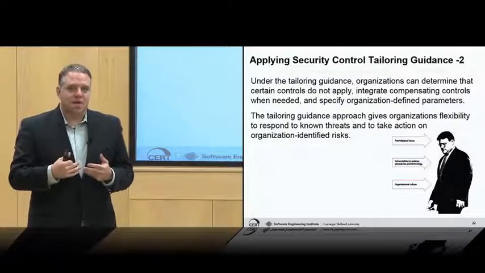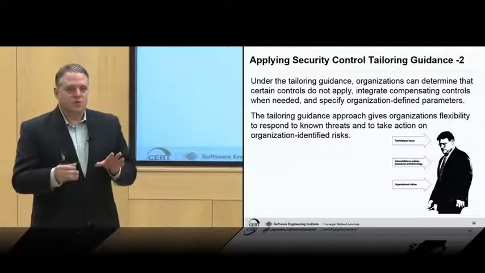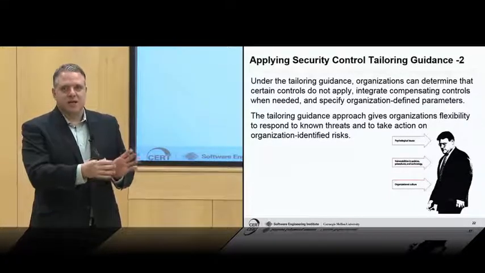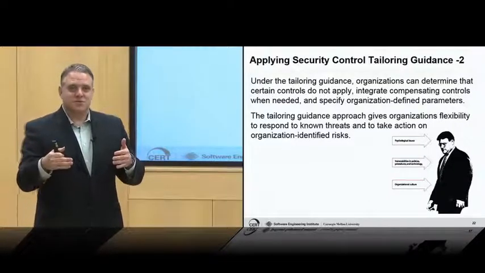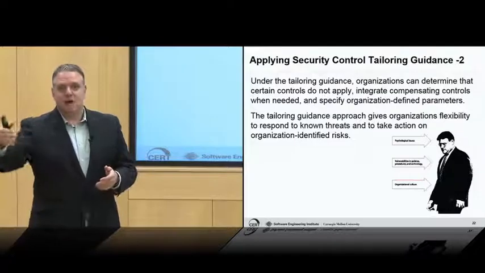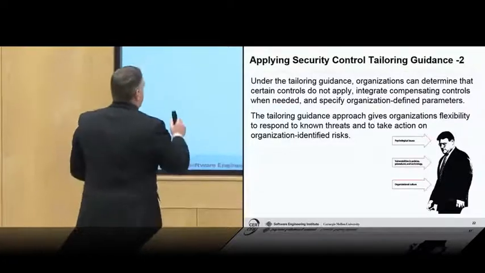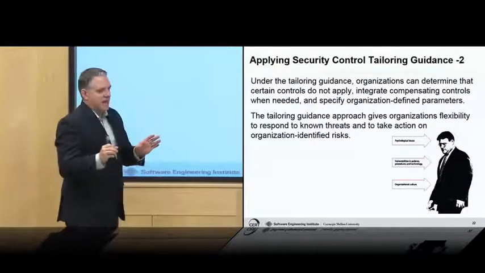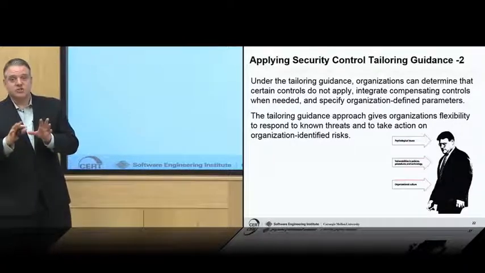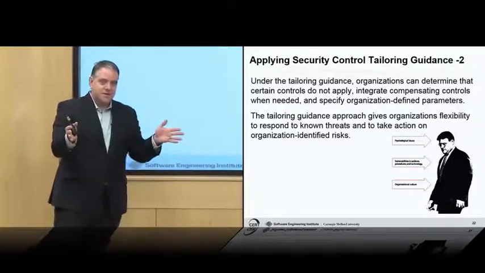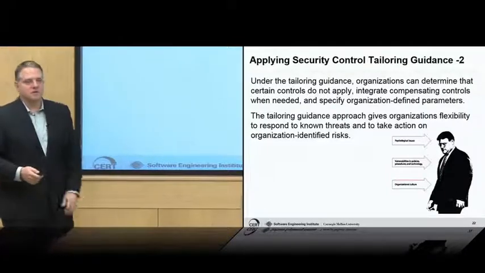It gives me the flexibility, as the security professional in the organization, to manage the risks based on what I know the risk to be, the resources I have to mitigate those risks, and the particular information technology systems that I have to deal with. So 853 should not be seen as a 'you must do this, this, and this.' It's a suggestion that you do this, with the recognition that you can tailor these in any way, shape, or form that you need.